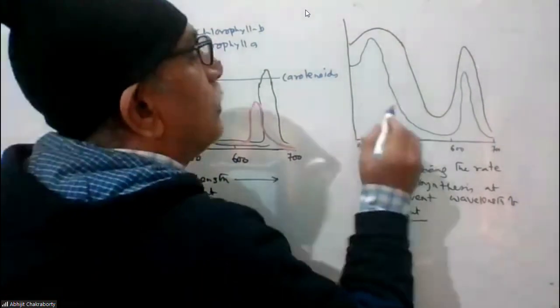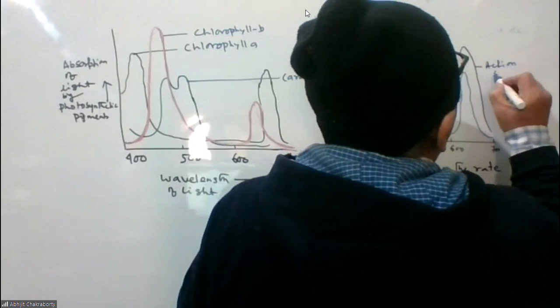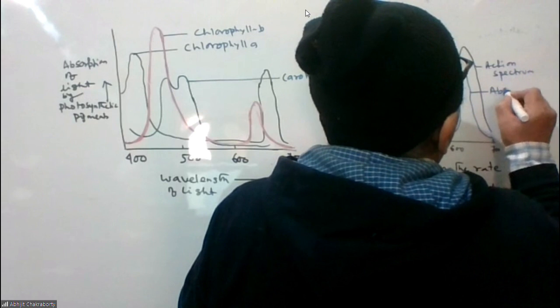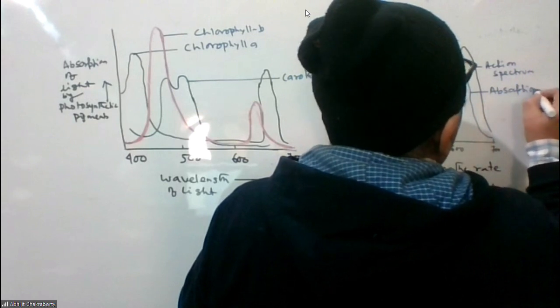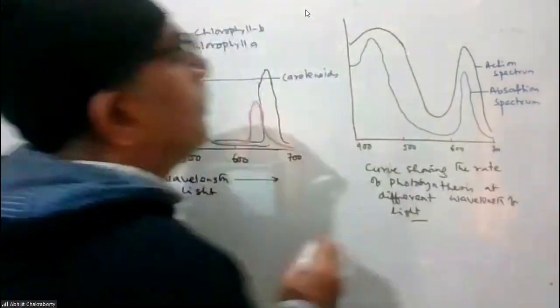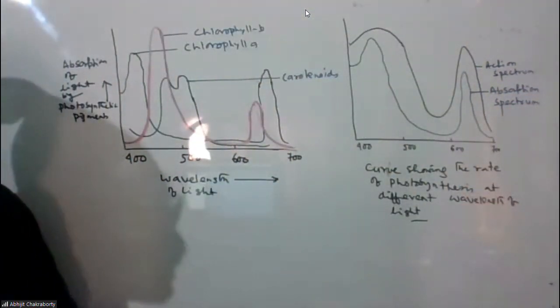So this is called, you can call it, now the rate of photosynthesis is more in the blue and red region of the spectrum.